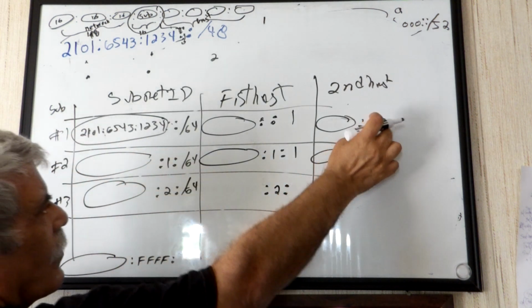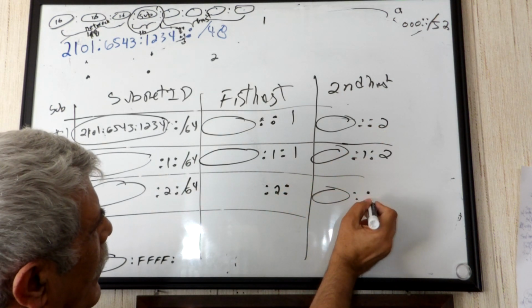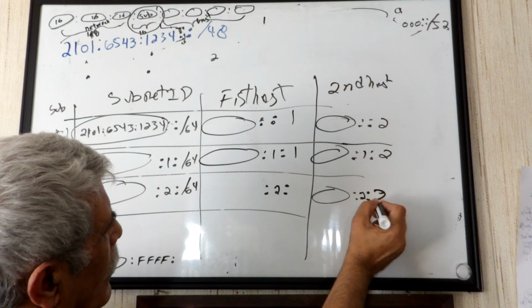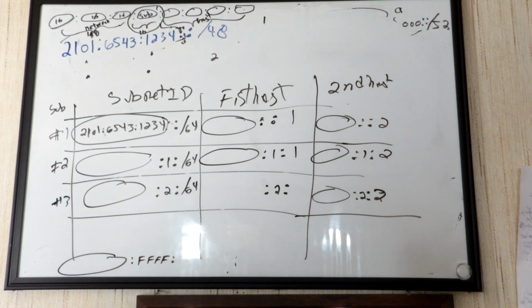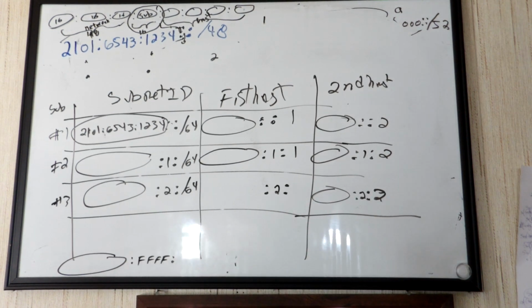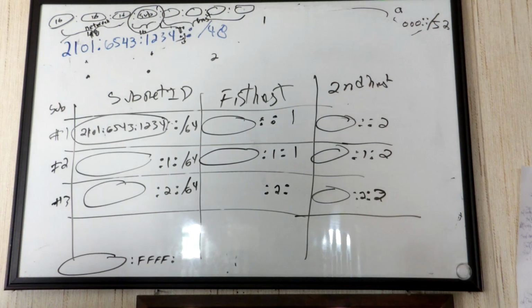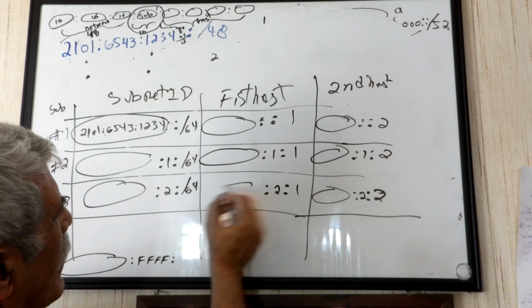Sometimes you can put 3, 4, 5, 6, whatever, and the same thing here, 2 or whatever, 3. You can put 3 too, because you have a big range of putting these together. Okay, this is the first. The first host is going to be like this.